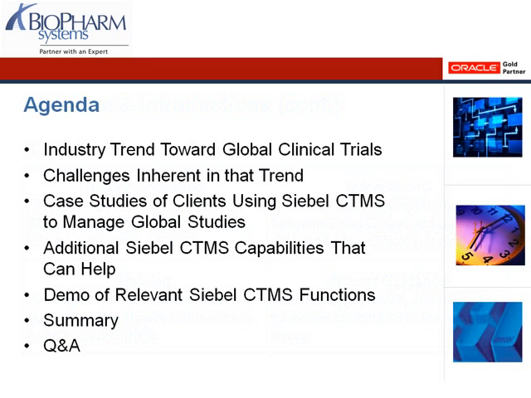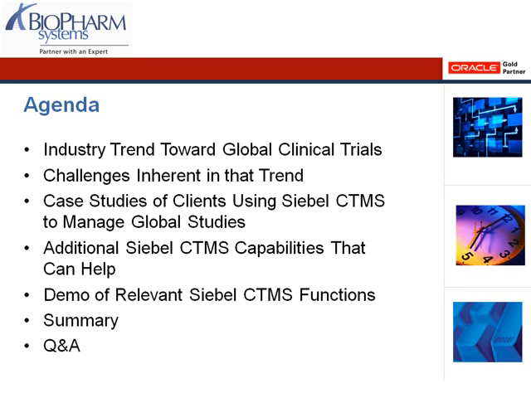So here's a look at today's agenda. First, we're going to look at some industry trends towards global trials and how even smaller organizations are doing more and more global studies. With this trend towards global studies, there are many new challenges that arise that need to be addressed. Next, we'll look at some case studies from companies that are using Siebel CTMS to manage global studies and look at some of the features that they have found beneficial.